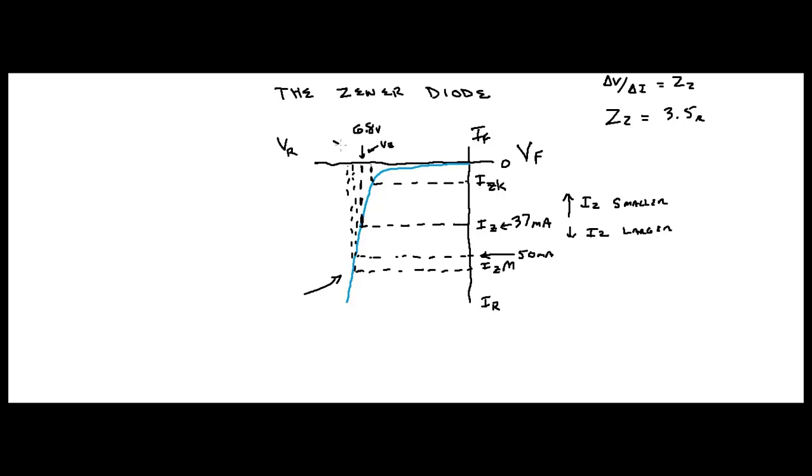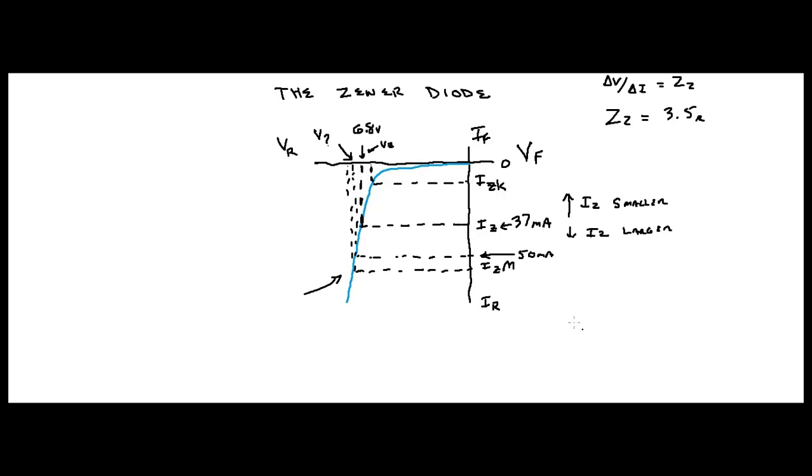Doggone it, I didn't draw that too well. Let's try again. There it is. We want to know what that new voltage is. I'll just put a question mark, because that's what we need to find out.